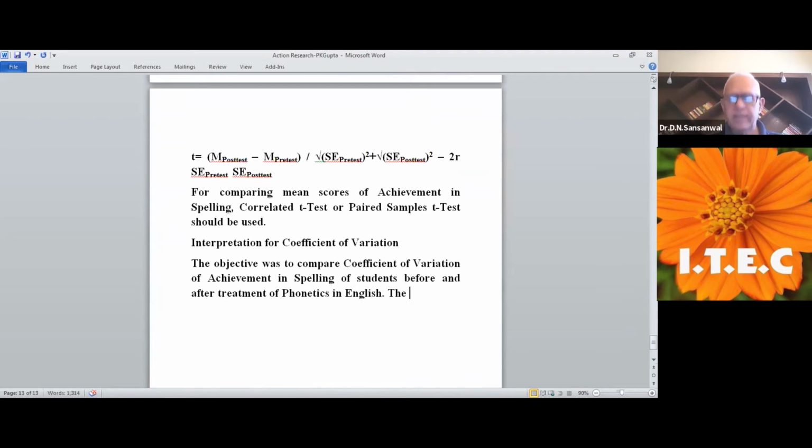The data were analyzed by computing coefficient of variation.